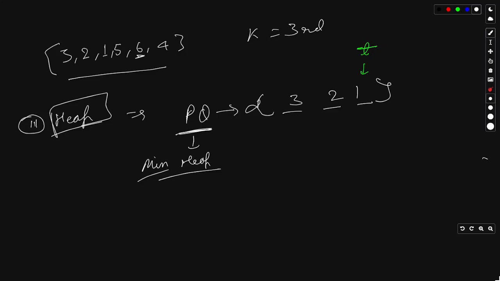Afterwards, since we have traversed the array till the kth index, we will start from the k plus 1 index, and if there is a particular element which is greater than our top element, then we will be substituting that element with the top element. We'll be swapping that element, right?